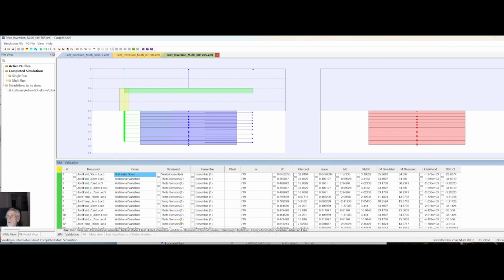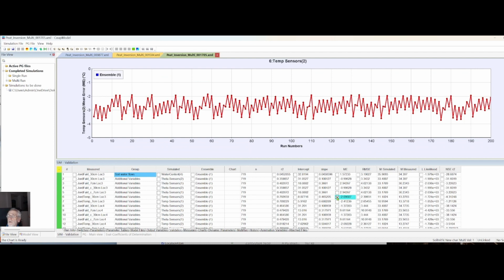And now we can first of all look at the mean value of the temperatures. So I look at the same temperature at 30 centimeter, and then I see that okay, it helped. We are coming higher, and we are getting a variability, but we are still far away.